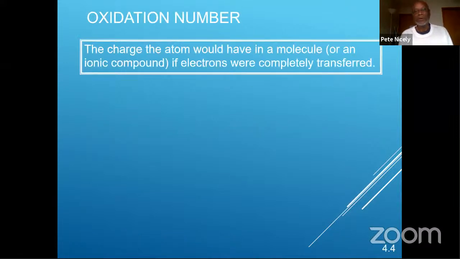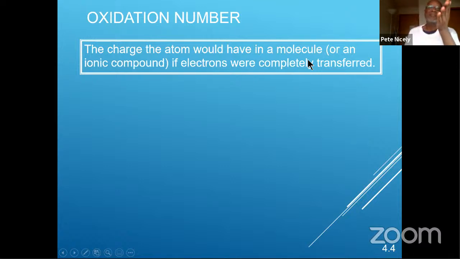All right, so now we're going to get into how we determine the oxidation number of an atom in a formula, in a compound, or even in an element. And there are several definitions of oxidation number. The one that I have here on the screen is that the oxidation number of an atom would be the charge the atom would have in a molecule or an ionic compound if the electrons were completely transferred, all right?